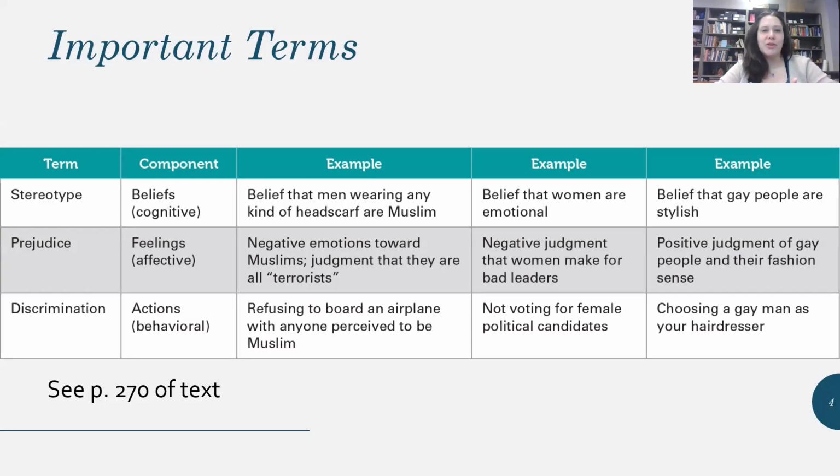You're describing the group, that's a stereotype. Prejudice is when it becomes an emotional judgment or an evaluation. So you say that women are not as good as leaders. You're judging them to be less competent as leaders because you think that they're too emotional. Now you have a prejudice. You have an evaluation or a judgment.